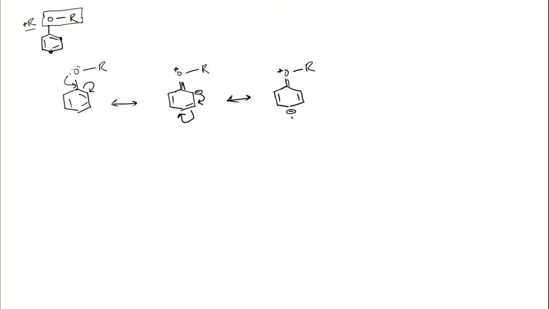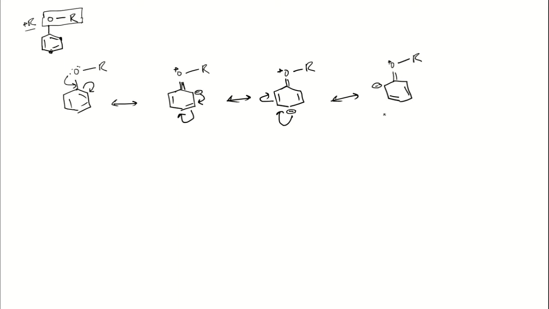The next structure will be where this pair of electrons is transferred to this position, and this will transfer to the ortho position, and we get this negative charge on the ortho position. Now there is a double bond here and a double bond here, a double bond between carbon and oxygen, and the R group, again with a positive charge on the oxygen.